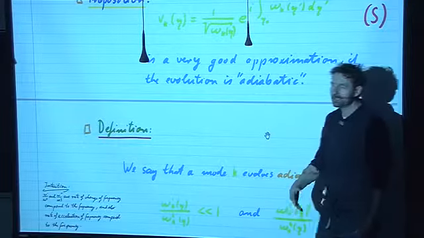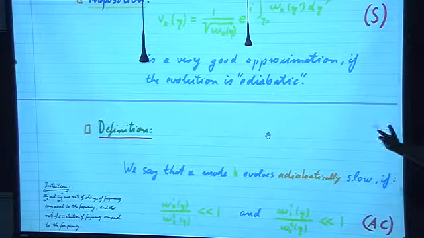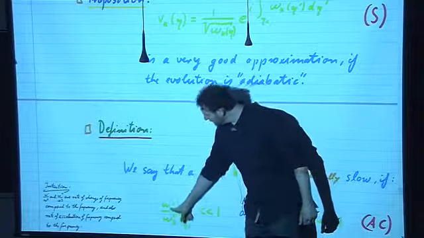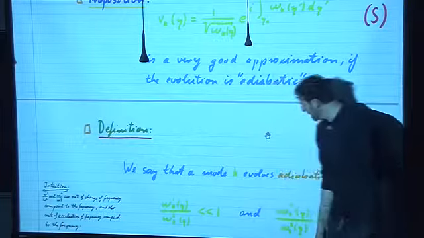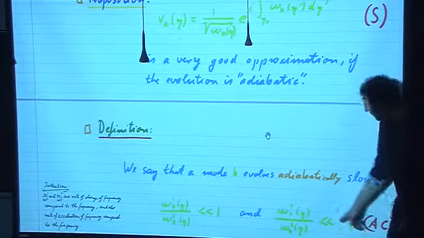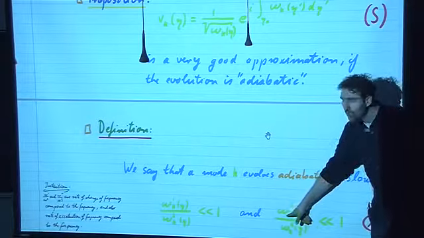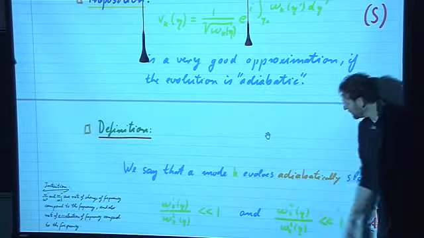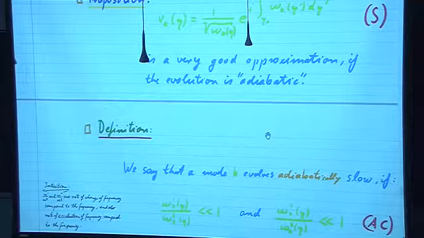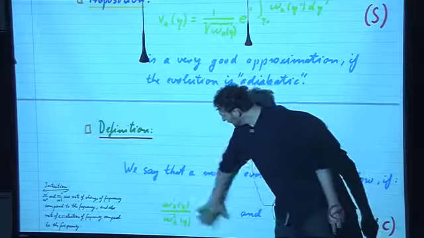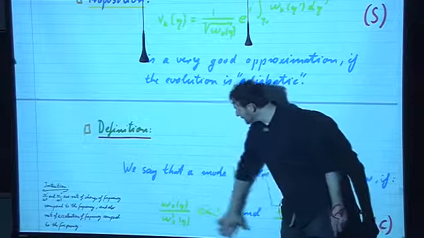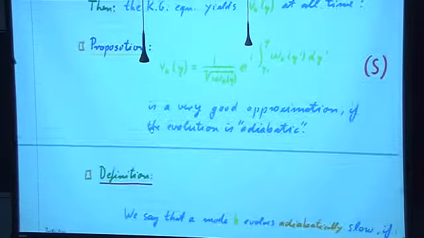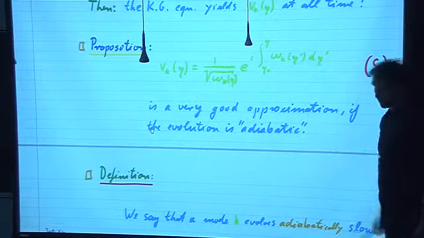Of course, only quantities that don't have units can be said to be small or large. So if this ratio is small, and if that ratio is small, and this says that the acceleration of the change of the frequency of our modes is small compared to the natural frequency of the mode oscillators, if these two conditions are true, the adiabaticity conditions, then this is a solution to the Klein-Gordon equation for all times.